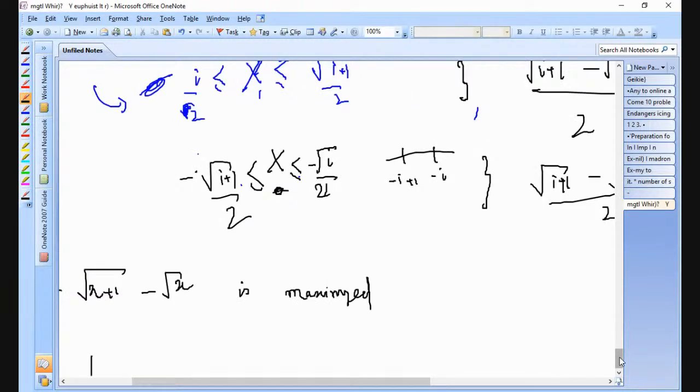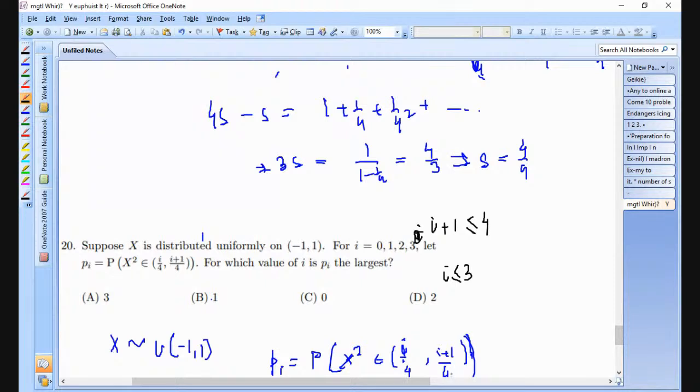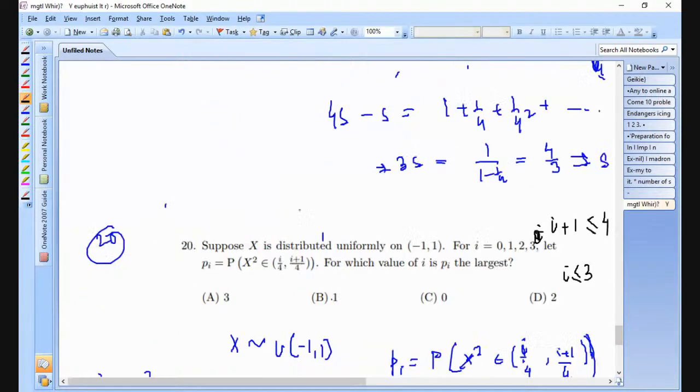So therefore, Pi is the largest for the smallest I. Now I is actually greater than or equal to 0. Therefore, for I equal to 0, is it coming out to be 0? Have I done something wrong or is it fine? Is it 0, guys? Lovely. So it's decreasing, and therefore for I equal to 0, it's coming out to be the maximum by normal logic.